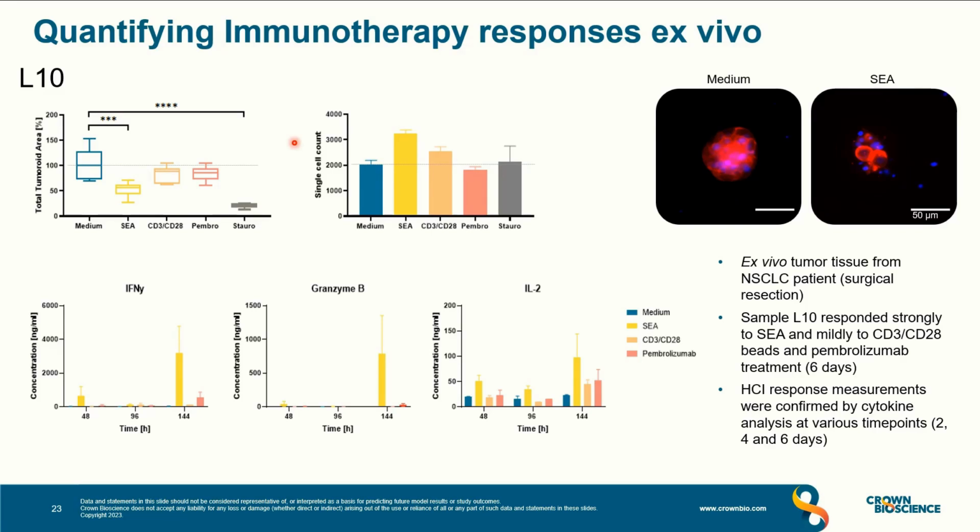Our measurements in functional readouts in the EVPT assays were confirmed by multiple cytokine measurements done on the same sample. Here again we see an increase in interferon gamma, granzyme B and IL-2 upon treatment with SEA, beads and pembrolizumab compared to the medium control.